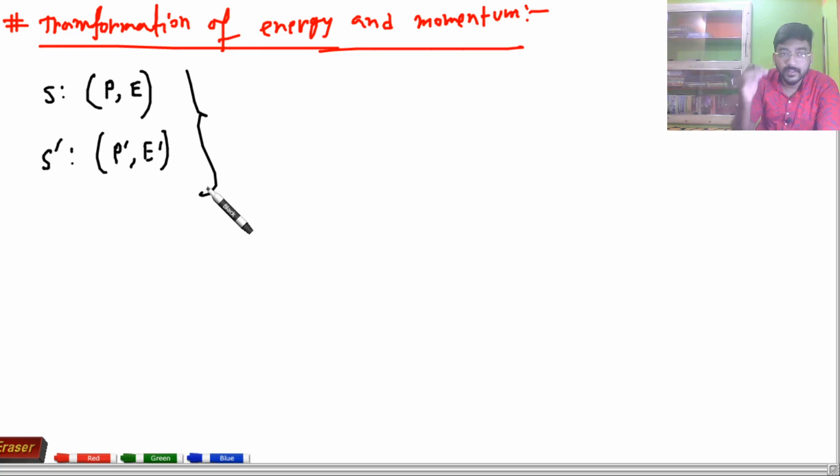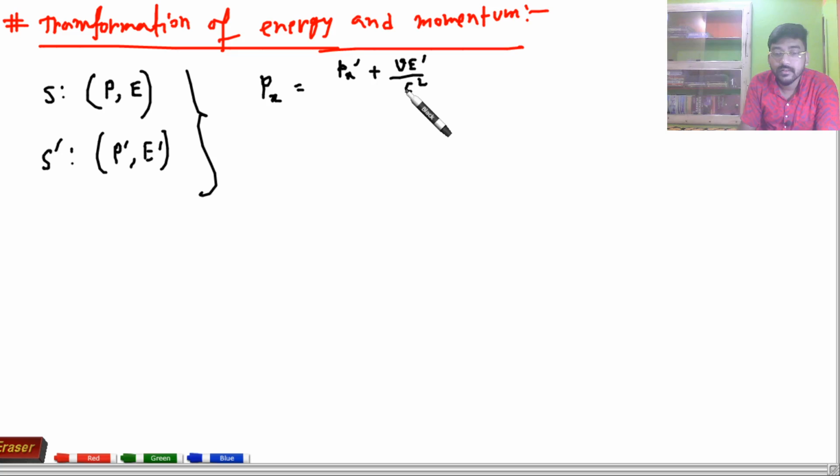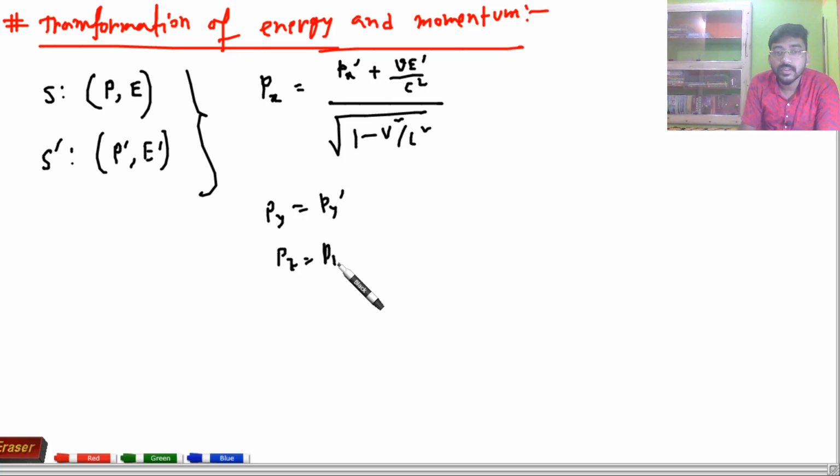Now the transformation relation: the X component of momentum Px, if we talk about the inverse relation, is Px dash plus V E dash upon c square divided by root 1 minus v square upon c square. Similarly, Py is equal to Py dash and Pz is equal to Pz dash.